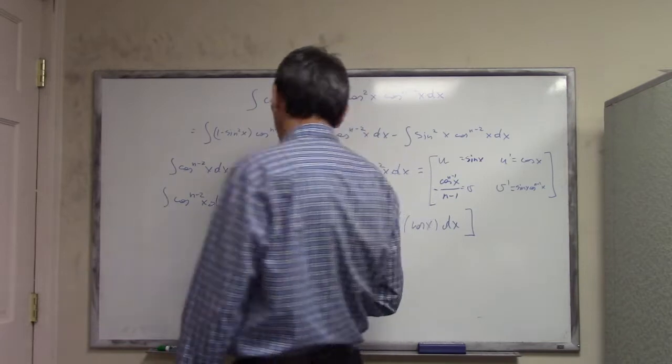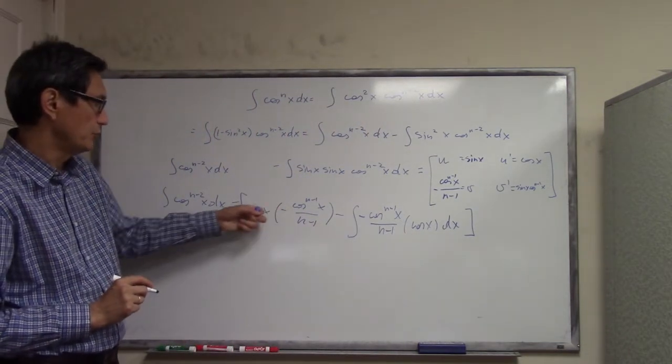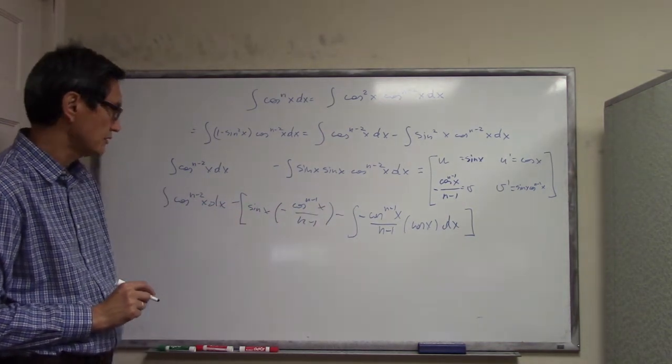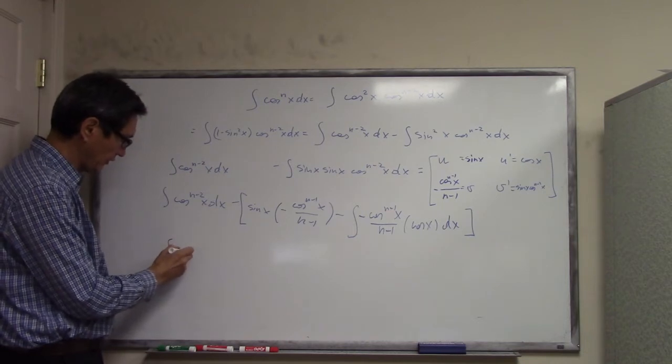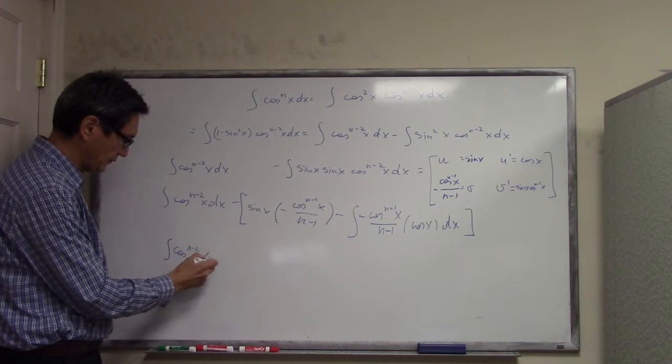Okay. So I'll do a little bit of algebra here. Distribute the minus, minus, minus, minus. So copy the first integral: the integral of cosine to n minus 2 x dx.